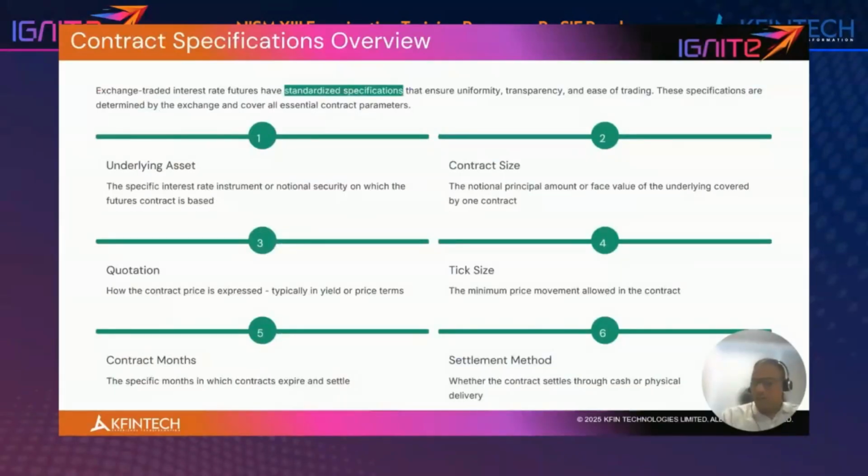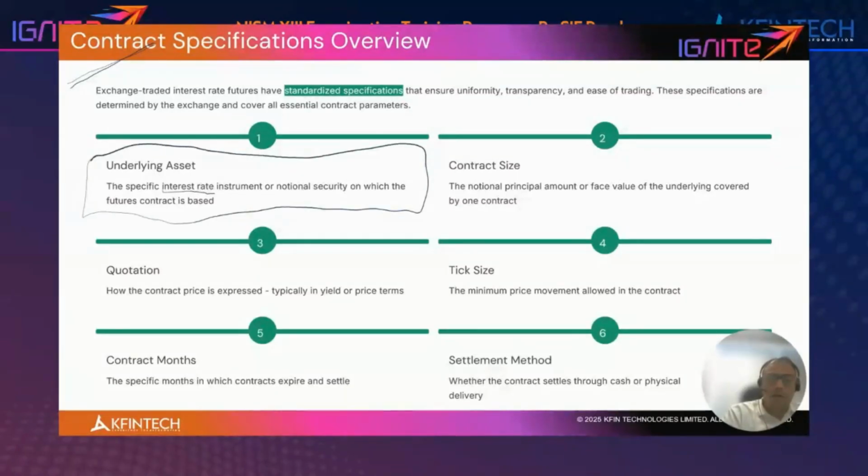Now let us see the specifications of the futures contract for the bond or the underlying interest rate product. The underlying asset could be an instrument which is quoting an interest rate, or it could be a notional security. What does a notional security mean? Say suppose I want a contract of 6% yield maturing in 3 months.